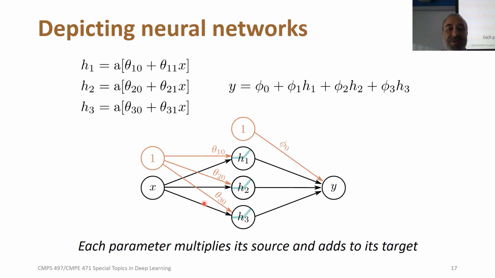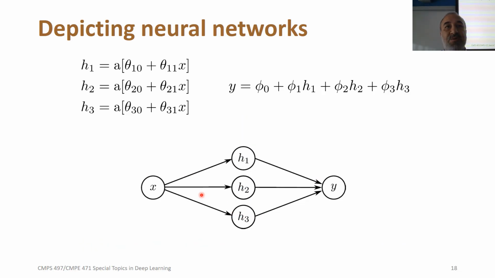And the offsets, we call them biases. That's the terminology that we would use. And usually we don't add the biases to the drawing of the network. They are there by default, but we just represent the weights by the links.